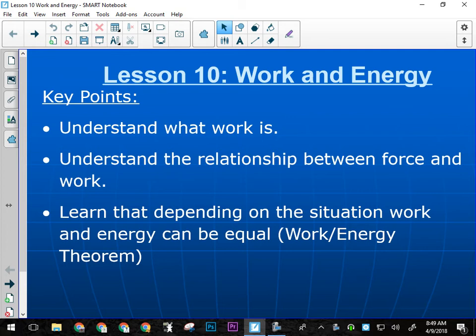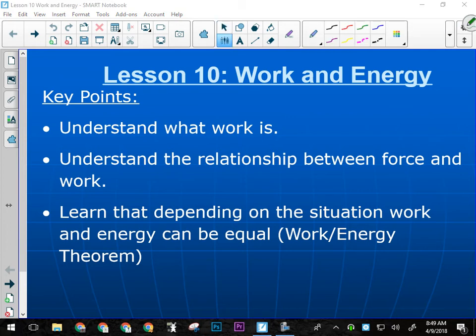All right, so big things we have to know here. What is work? Work is a what? No, that's a force. A force is a push or a pull in any direction. Work changes something. What does work change?